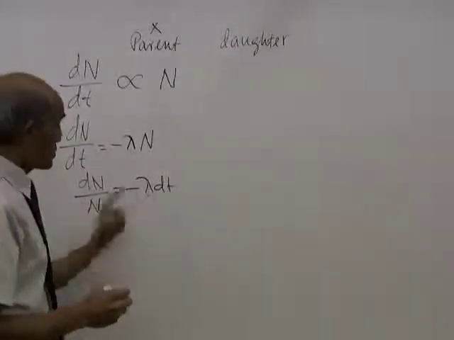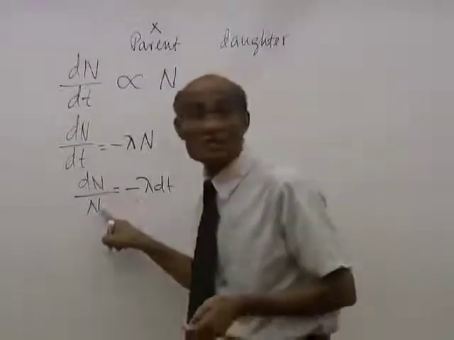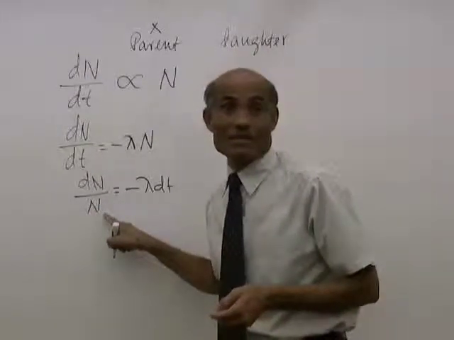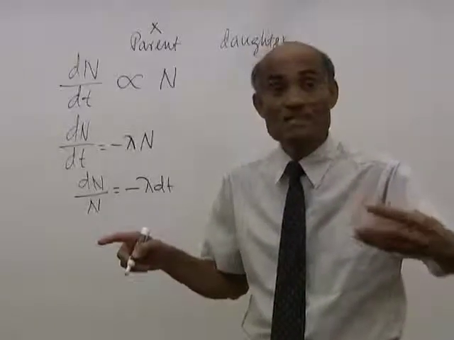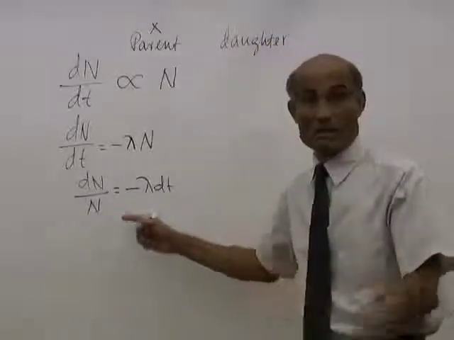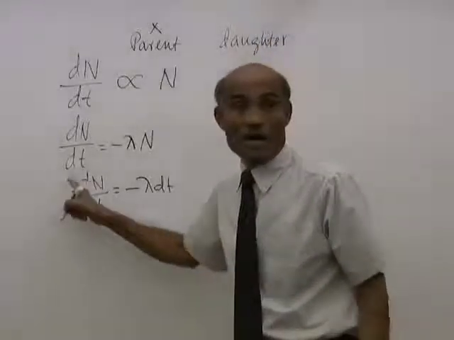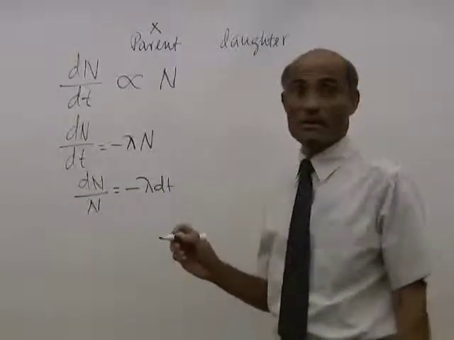Well, now to solve this, solving means we've got to get an expression for n. How does n, the number of radioactive atoms present, change with time? So that is what solving means. What do we do? I integrate the left-hand side and integrate the right-hand side.